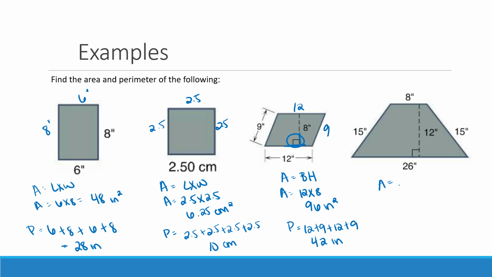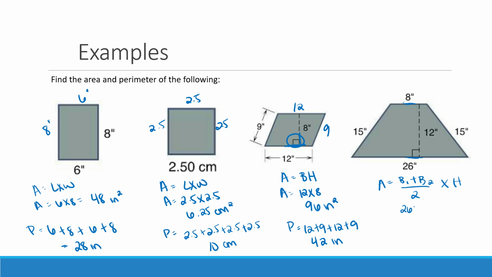Now, trapezoid is kind of tricky in terms of the area. The first thing you do is base 1 plus base 2. Now, to determine the bases, again, look for your 90-degree angle. The ones that are opposite of the 90-degree angle here are going to be your bases. You then divide by 2 after you add them together, and then you multiply that answer by the height. So what does this look like in this problem?